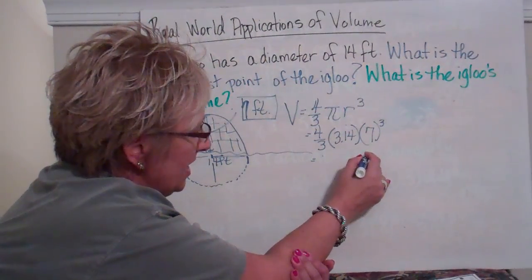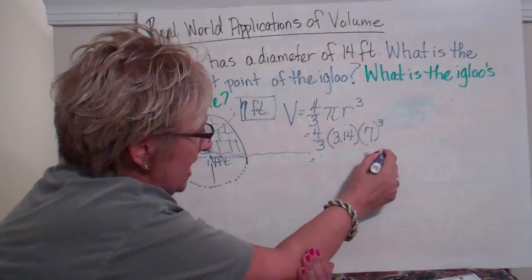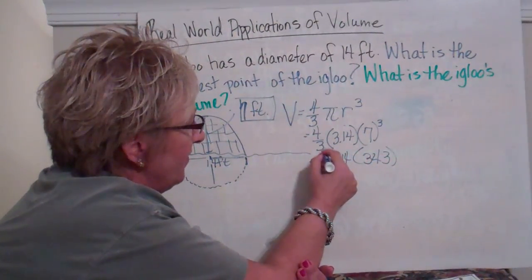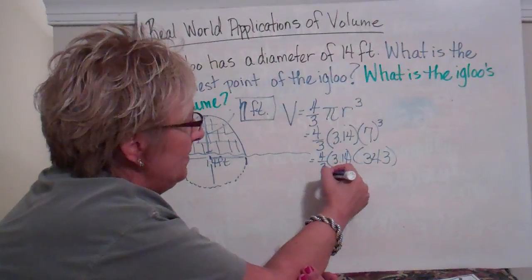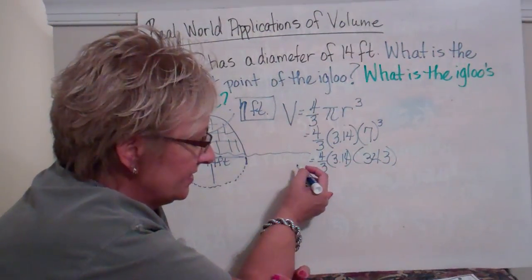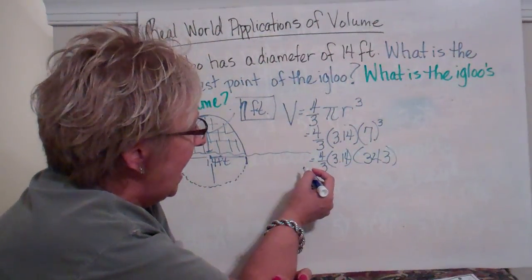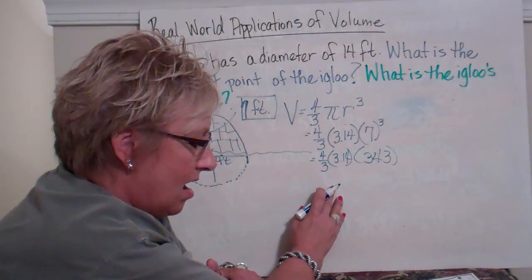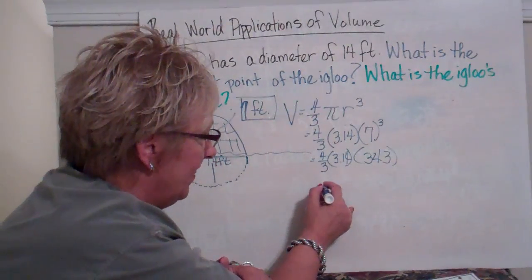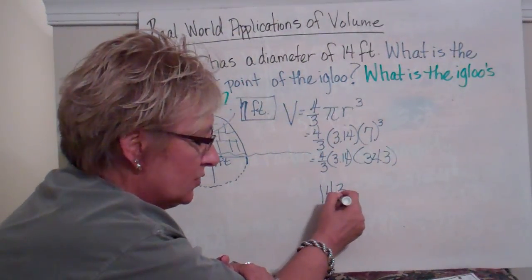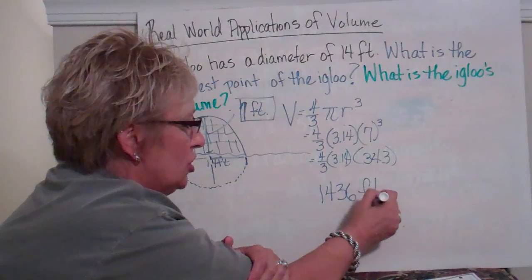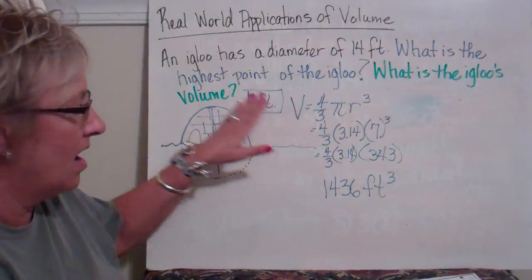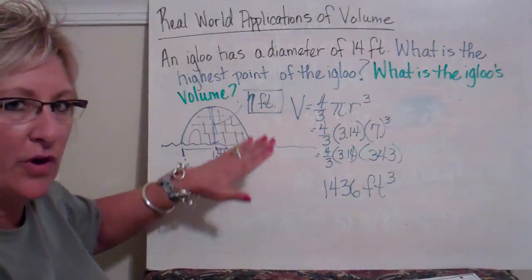This is going to be 343 times pi, 3.14, times 4/3. Okay? So when I multiply all this out, I get something that is going to give me 1,306 feet cubed. Okay. Now, I have found the volume of the entire sphere, don't forget.